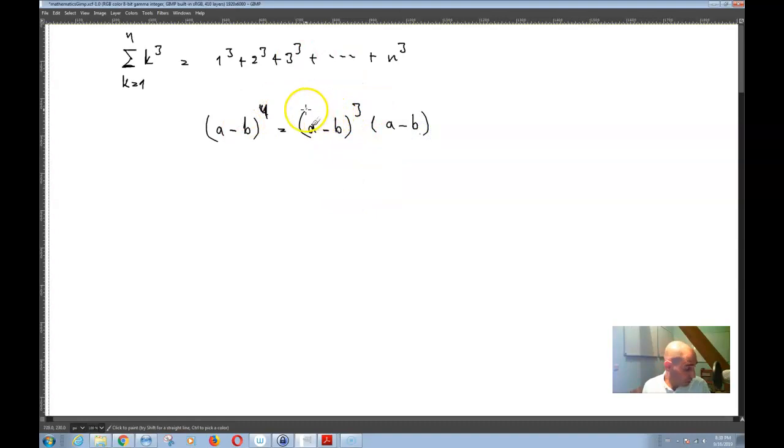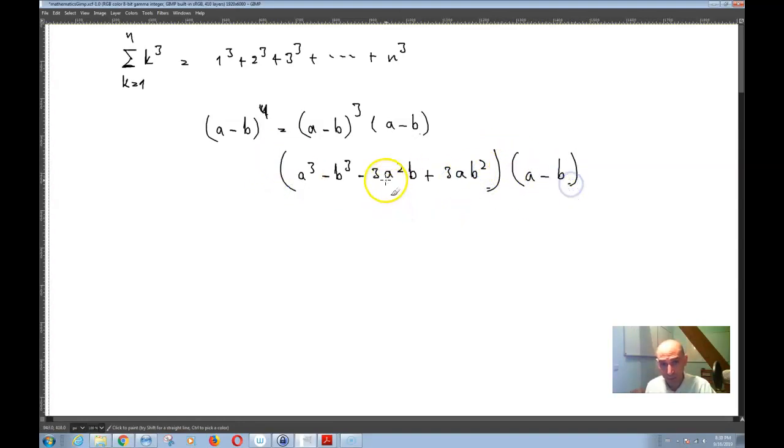We said that a minus b whole cubed was equal to a cube minus b cube minus 3a squared b plus 3ab squared, times a minus b. But I think we cannot use this actually.